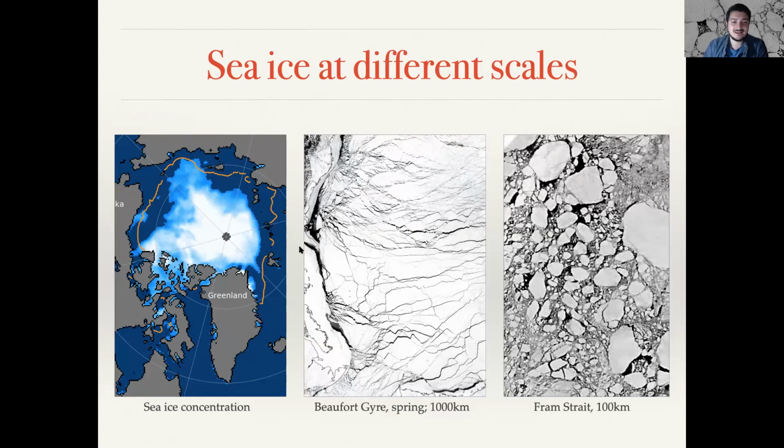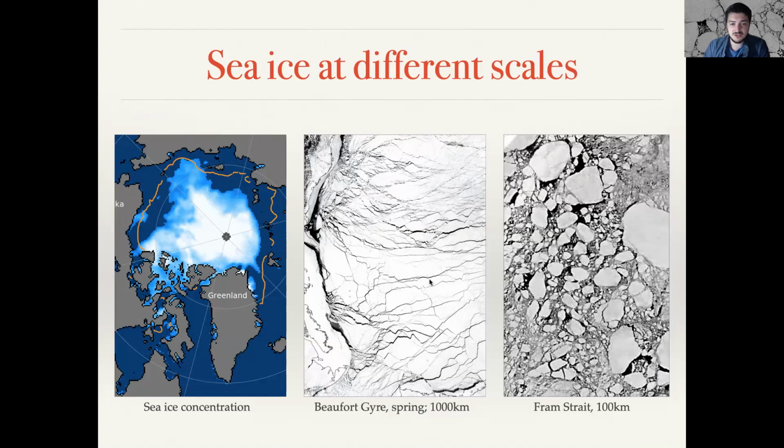Just some very brief introduction, which is not necessarily needed for our workshop. If you look at sea ice on various types of scales, like this basin scale over here, at very coarse resolution the sea ice could behave like some sort of continuous media.